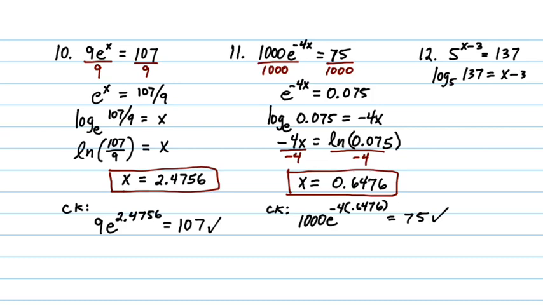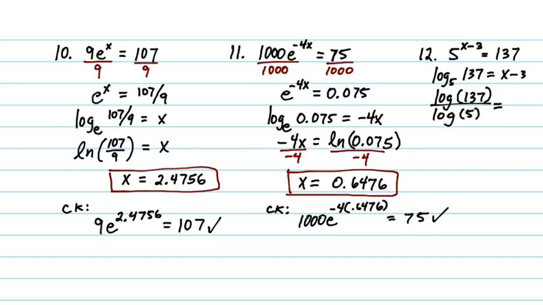By the way, I did talk about how some of you may have the TI-84 calculator, and if you have a newer version, if you look under the math menu in the first column, there's a feature called log base or log B or something like that, and you can actually use that to find the value of log base 5 of 137. But otherwise, you're going to have to use the change of base formula, which we're going to get a log of 137 over the log of 5.